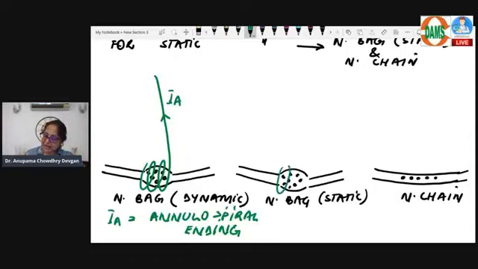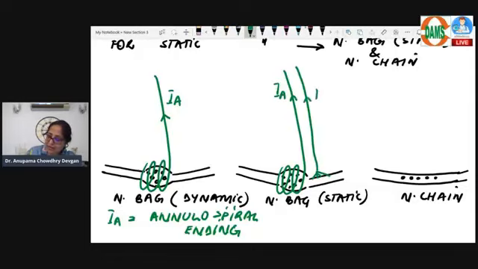From nuclear bag static, it is type 1A and 2. And what is 2? Type 2 is also known as a flower spray ending. It looks like a spray of flowers.